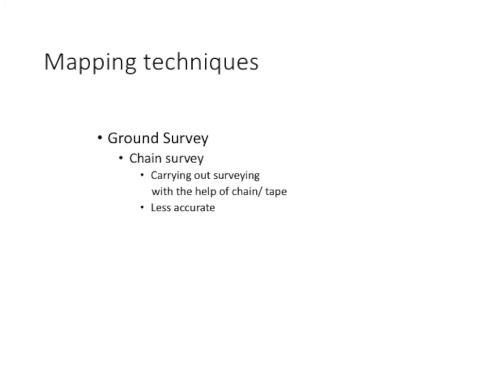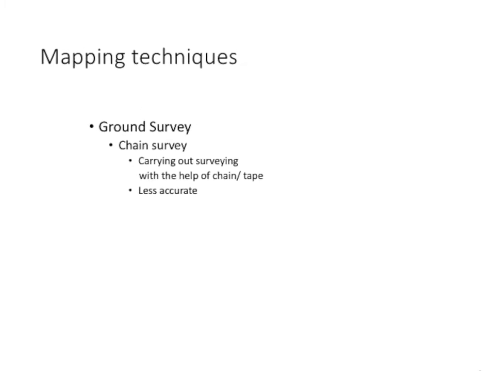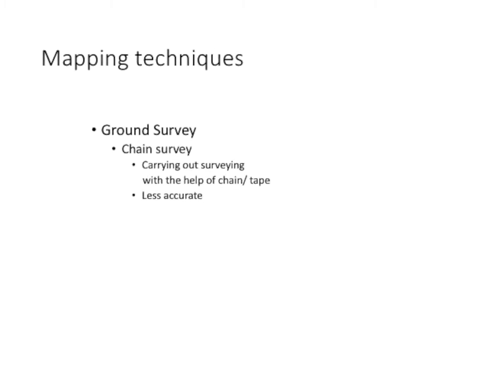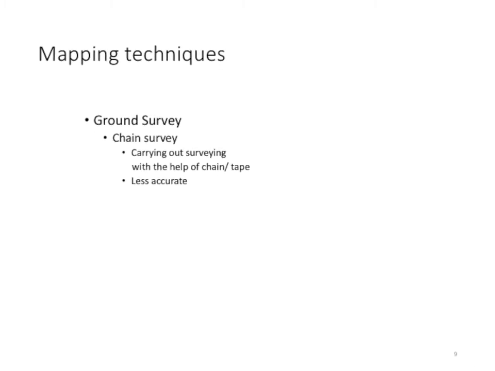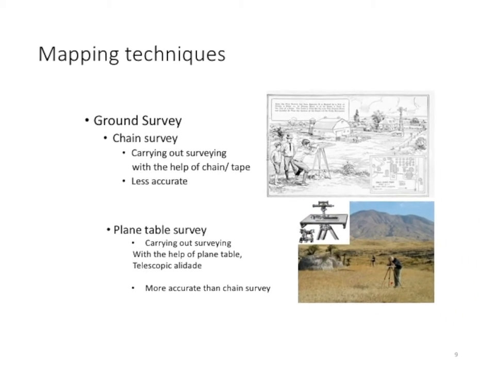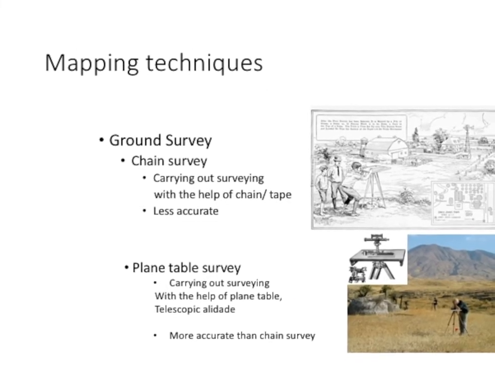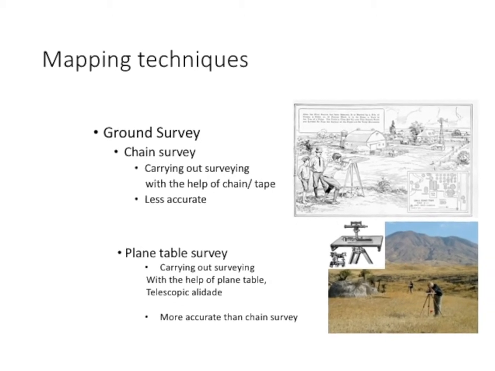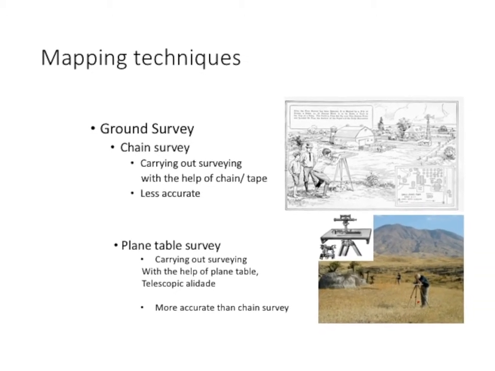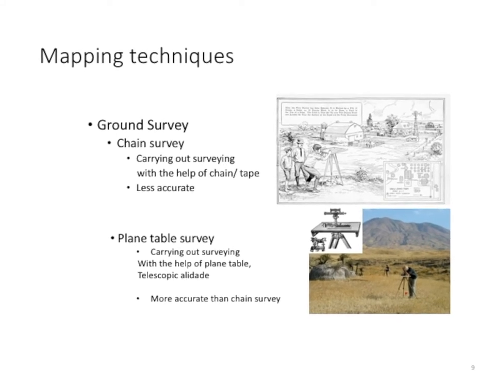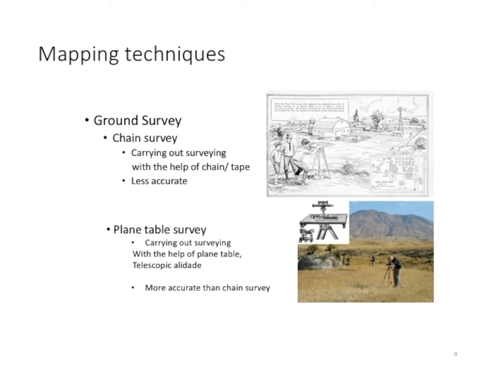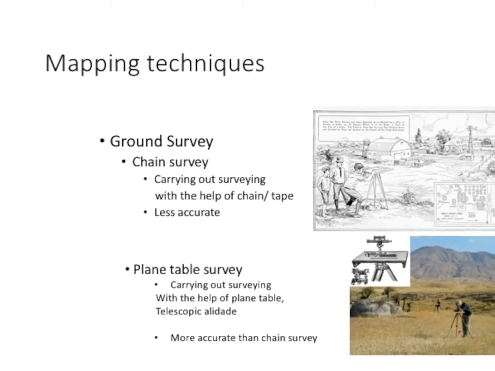After that, Amin Circle, the Amins, performed surveys with the help of chain and tape, but it was less accurate, so it became obsolete. After that, Colonel Ganesh Bahadur Basnet started plane table survey in Bhaktapur, and it was used throughout 2021 to 2056 BS for Exoro Napi, the cadastral map of Nepal.